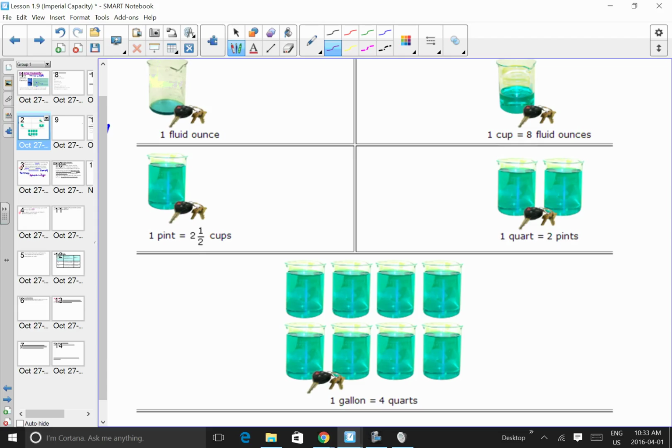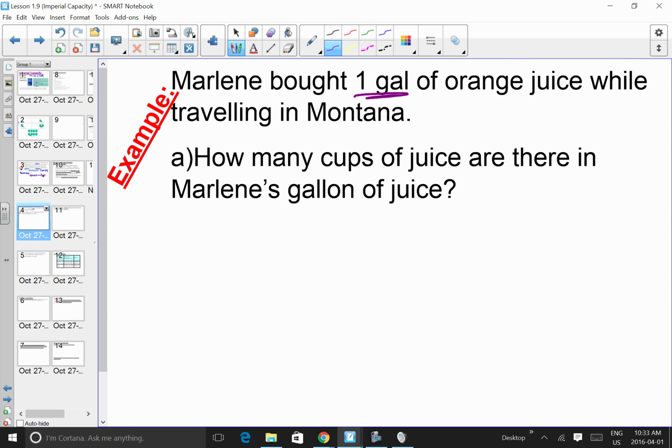So we're going to do this in 3 steps to figure out how many cups are in a gallon. First, I'm going to change that gallon into quarts. So I know 1 gallon, and I'm going to times it by 4 because there's 4 quarts in a gallon.